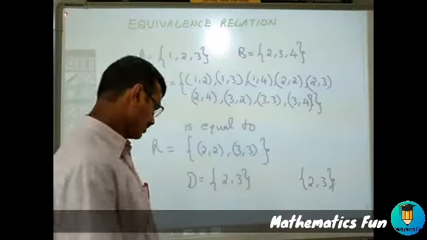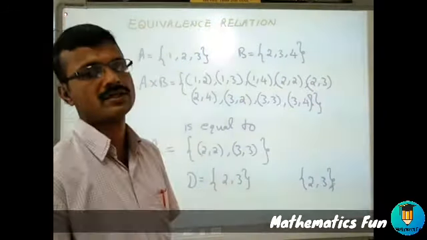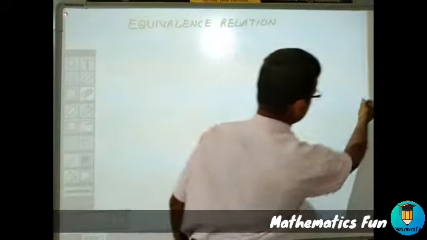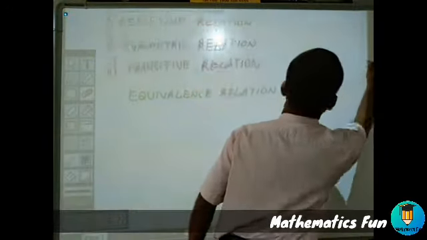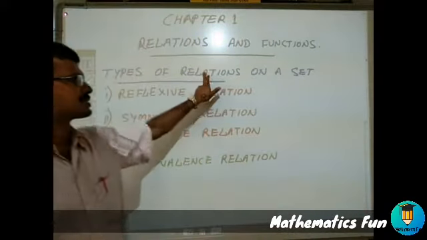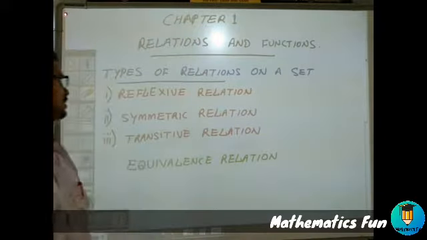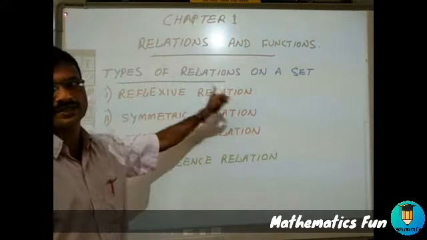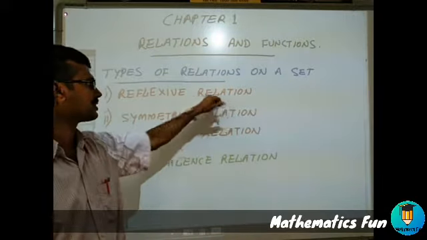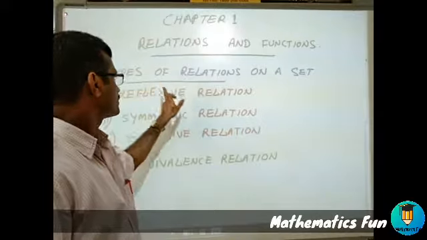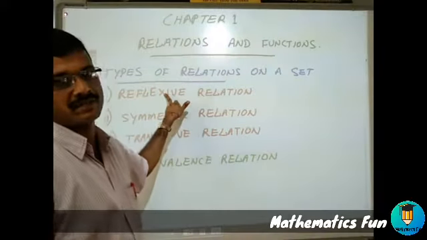There, first of all, we are going to discuss the types of relations on a set. The first one is the reflexive relation. A reflexive relation means a relation of an element with itself.